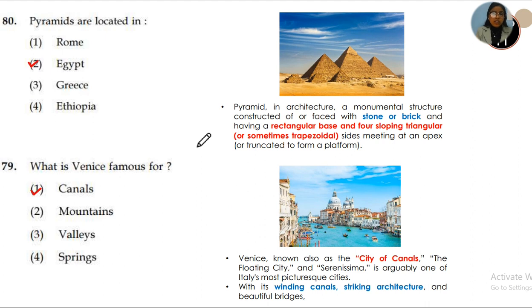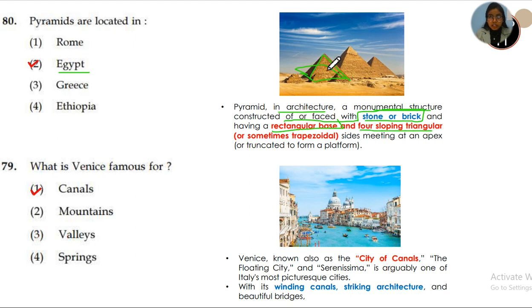Next question is, pyramids are located in. So pyramids are located in Egypt. Pyramid in architecture: a monumental structure constructed of or faced with stone or brick. Okay, they have a rectangular base. When you're talking about its base, it has a rectangular base and four sloping triangles.